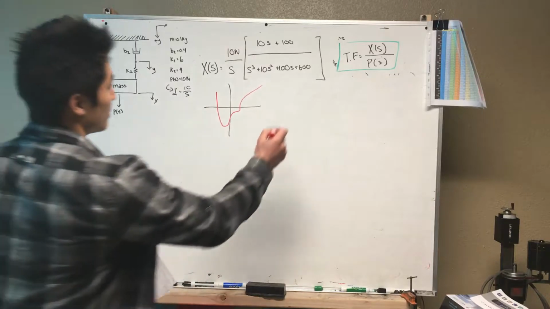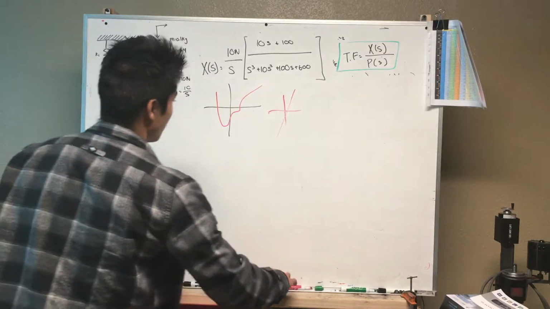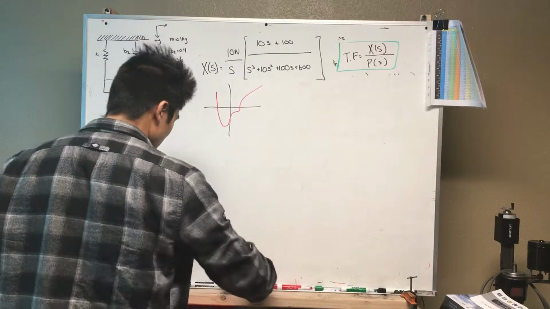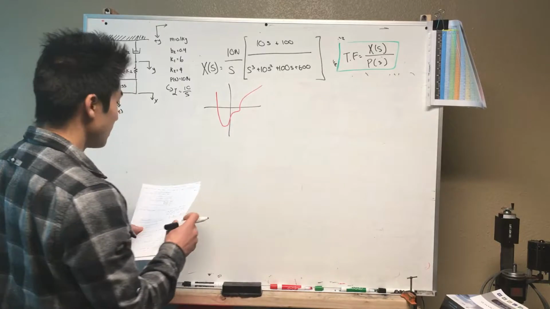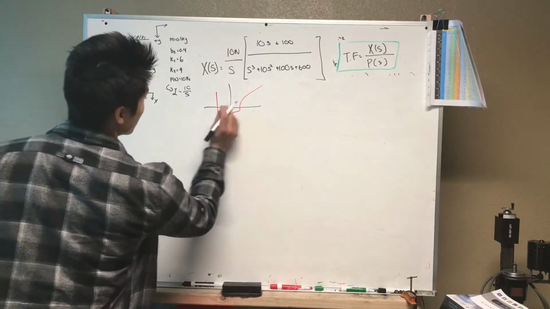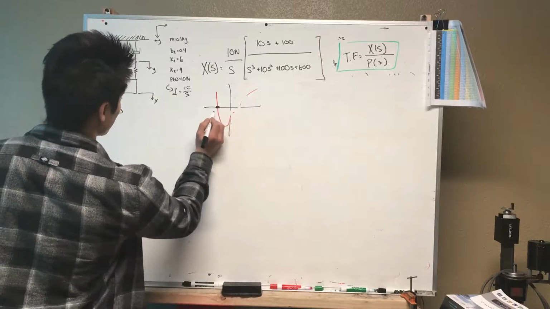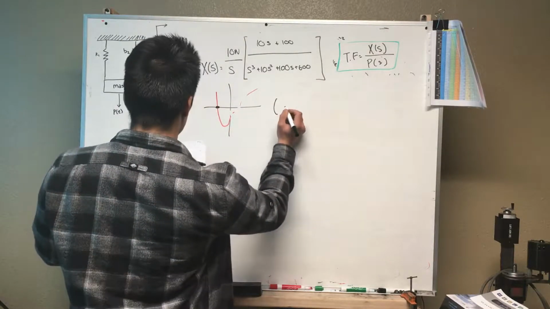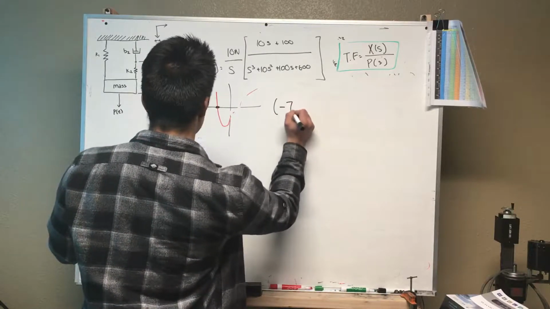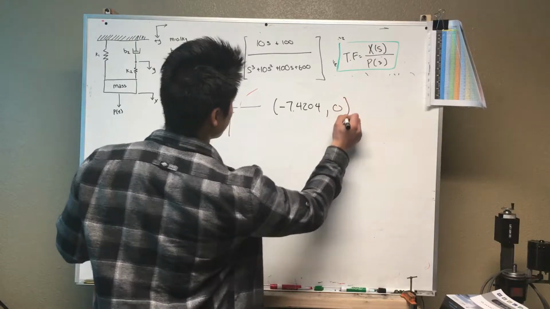But after I graphed it, I found that this only had 1 zero, and let's say it was right here, and the zero was actually at negative 7.4204, 0, right?